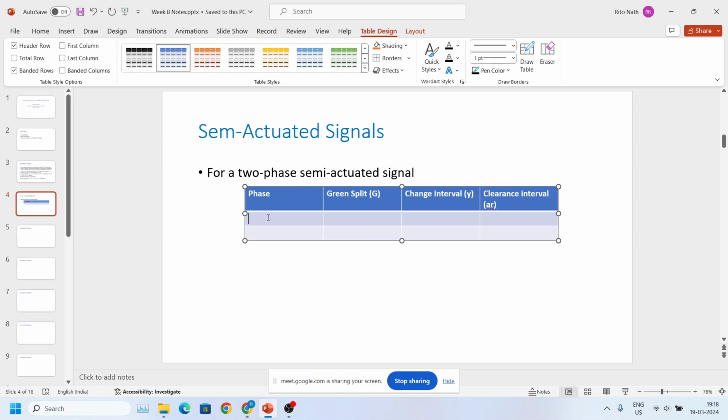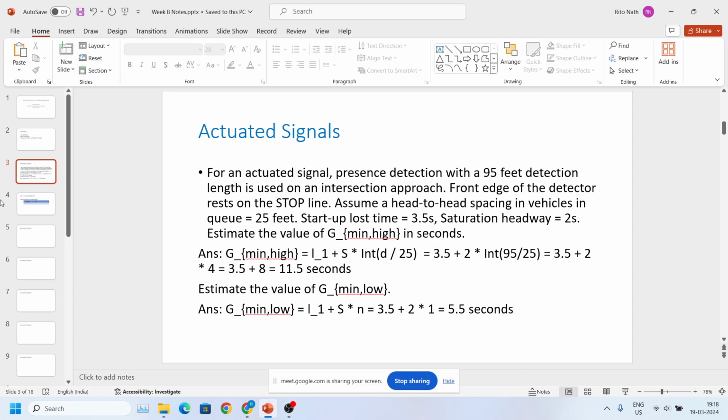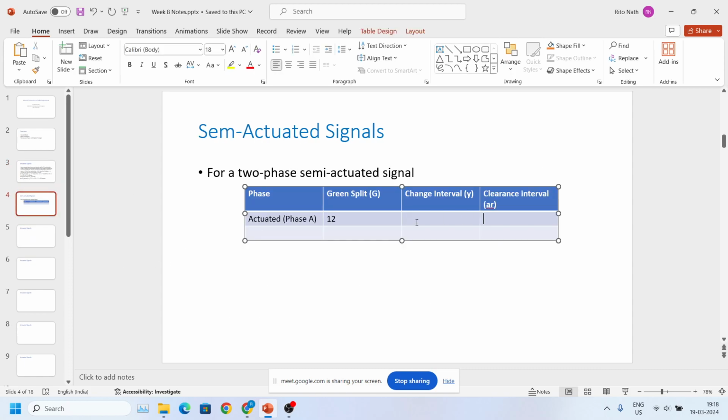Okay, so this is the actuated phase, or you can write it as phase A. Green split is 12, this is 3, and then this is 1. And for the non-actuated phase B, this is 28, this is 4, this is 2.